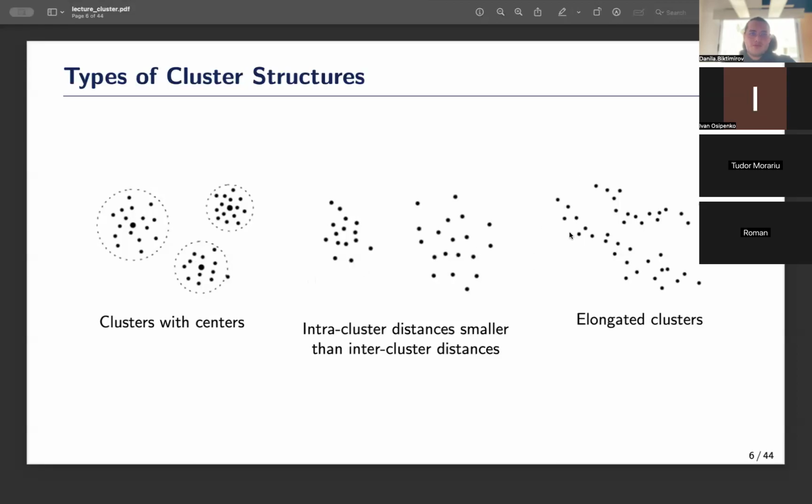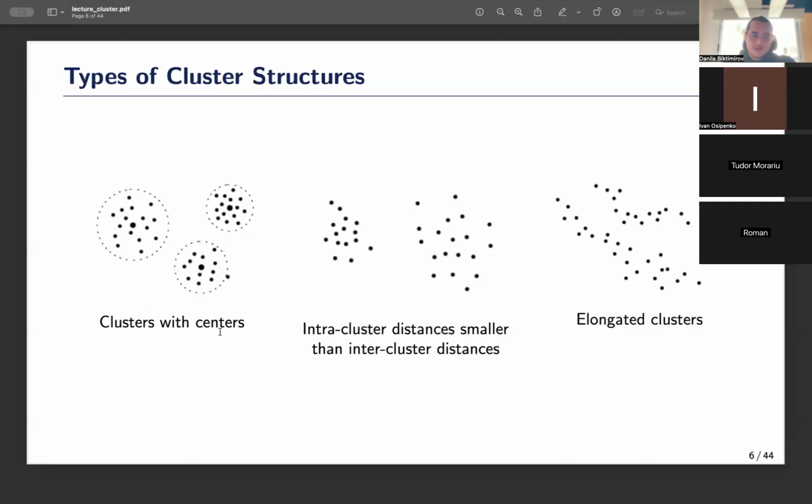Also, it may be stripes, or another name, elongated clusters. For any object, there exists a nearby object from the same cluster, yet some objects in the cluster are not close to each other. For example, traffic flow on highways, vehicles moving in a continuous but structured manner, forming elongated patterns of congestion.